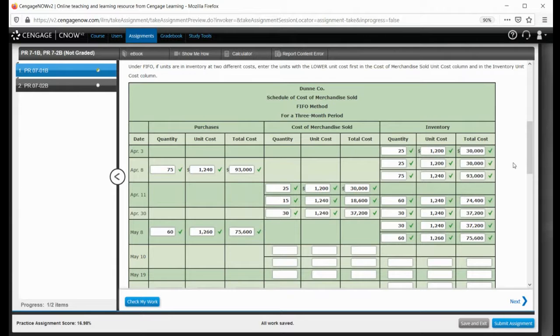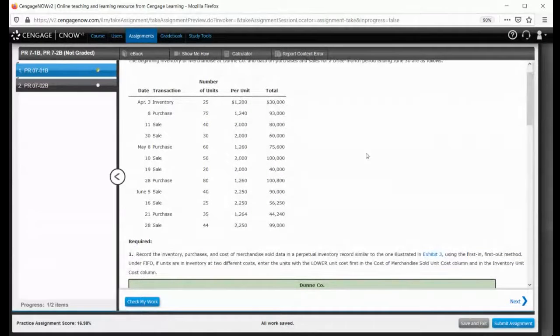So look at the information that they give us. This is the only way we can know what to do. And notice on May the 10th, we had a sale. We sold 50 units, and the selling price was $2,000. I want to really emphasize to you that that $2,000 is the selling price, or the marked up price of the inventory that we sold.